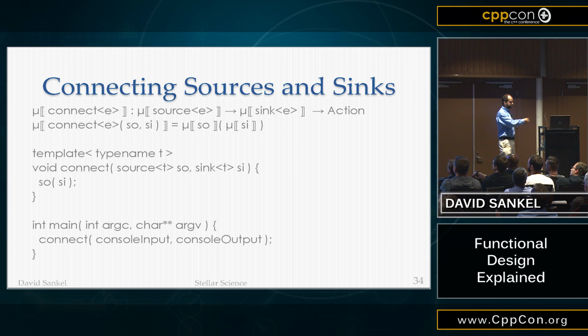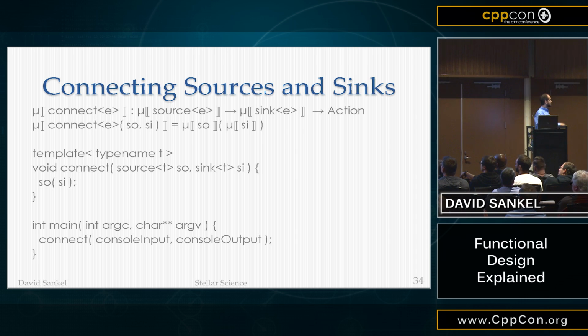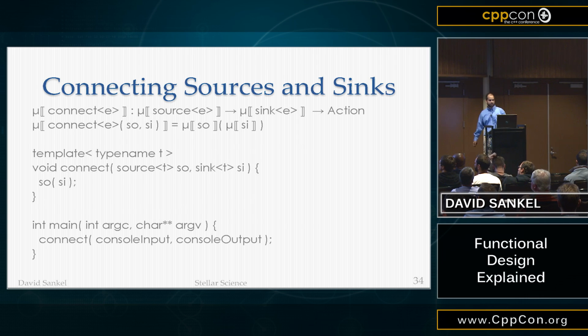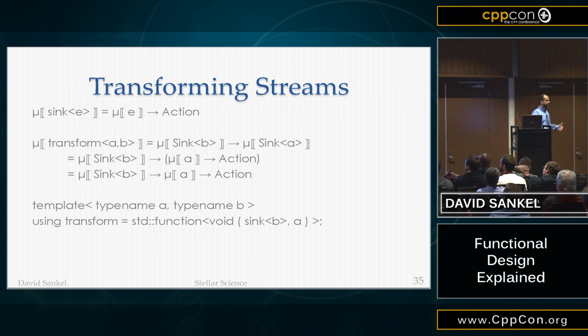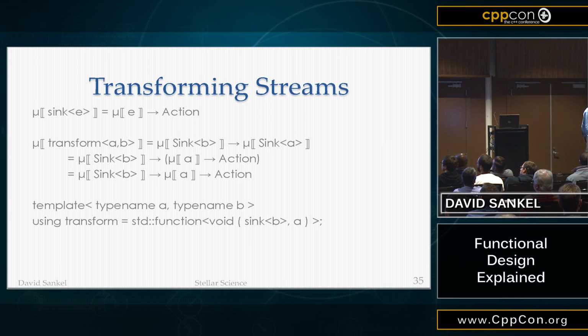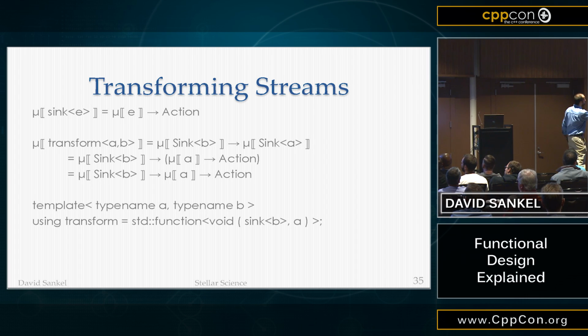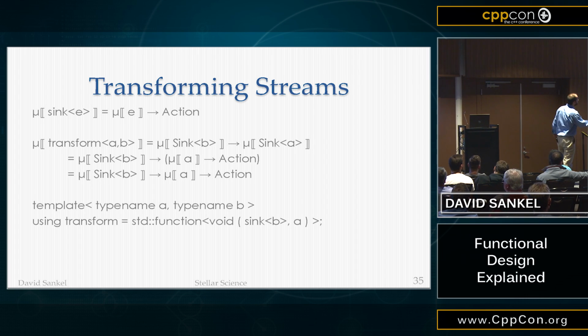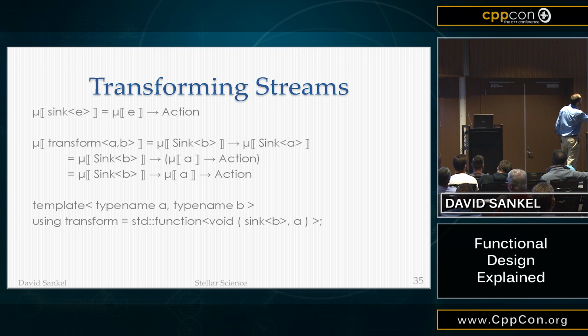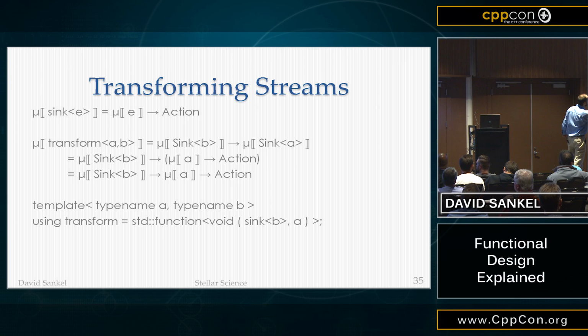Well, we have here for reference that a meaning of a sink is something that takes in a value and does an action. What about the idea of transforming? So a transform from A to B takes in a sink of B and converts it into a sink of A. And you'll see why I reversed A to B to B to A in a second here, which is the same thing as saying the meaning of a sink to a sink here.